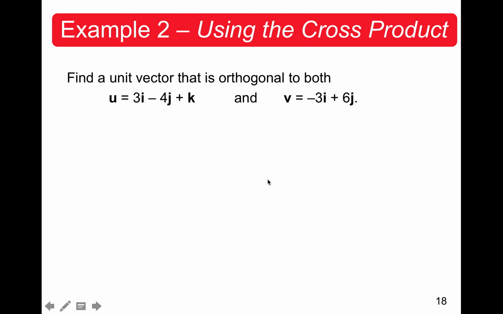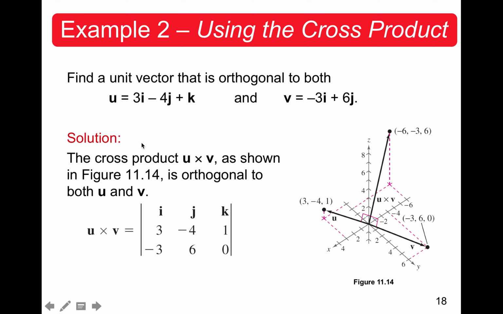Okay, so example 2, we're going to find a unit vector that is orthogonal to both of these vectors. First of all, before we can find the unit vector, we can just find the cross product, which we know will be orthogonal to both of these vectors. It will be a 90-degree angle with both of these. So the first step is to find the cross product. So we're going to set this up.